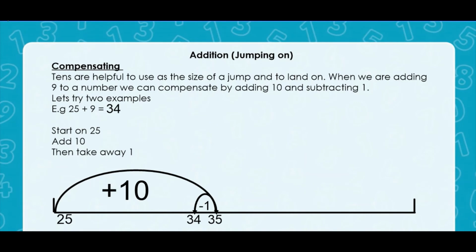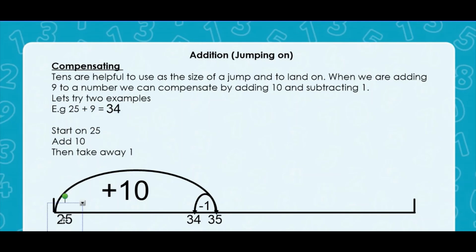Now, another thing that we can do with our helpful friendly tens is compensate. So, I like adding tens to numbers, and I'm sure that you guys feel a little bit confident adding tens rather than other numbers. So what we do is, if we have a number like 9, which is very close to 10, we sometimes pretend it's a 10 and then compensate. So 25 add 9, I need to work out what the answer is.